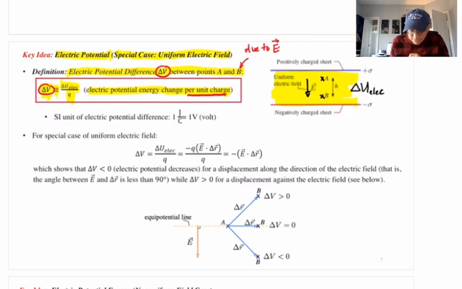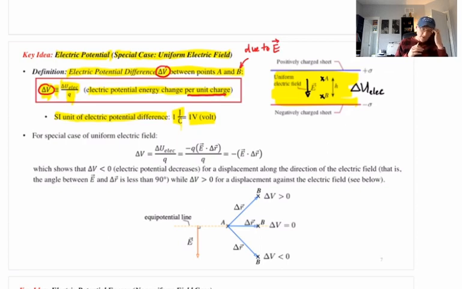Now here comes the unit. The SI unit of electric potential difference. Well, it's got to be the unit of energy divided by charge. That's 1 joule per coulomb. Now, in physics, the unit joule per coulomb has its own name. It's its own unit. It's called the volt.